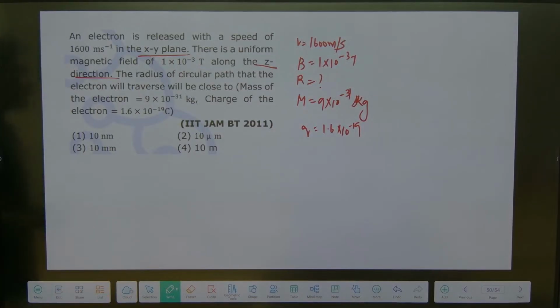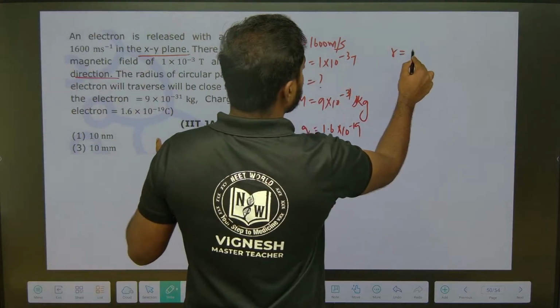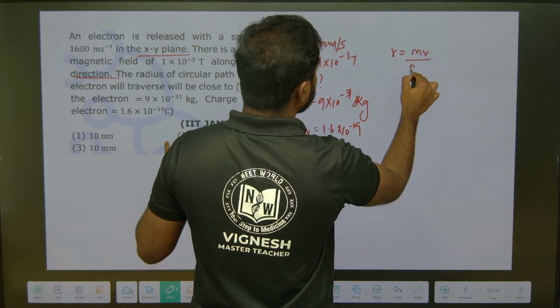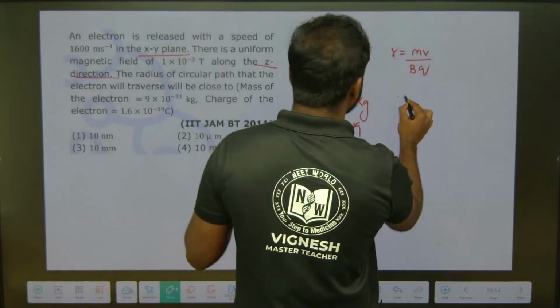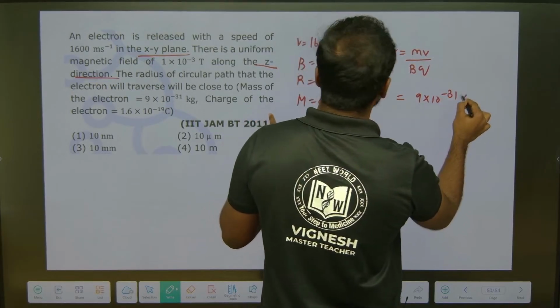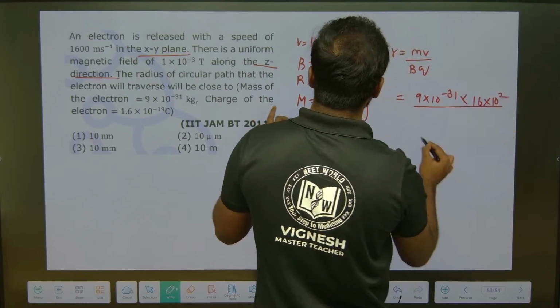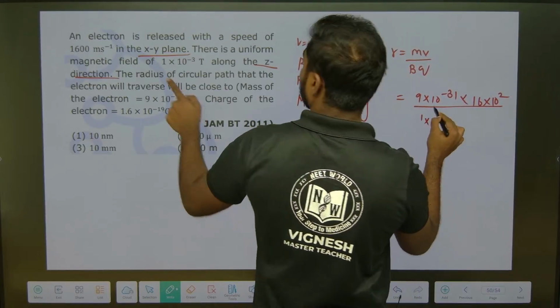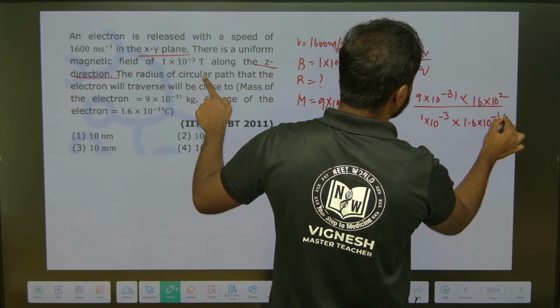So we can take the formula R equals mv by bq. What is m? It is 9 into 10 power minus 31. What is v? It is 1600, like 16 into 10 power 2, divided by B, which is 1 into 10 power minus 3, and q is 1.6 into 10 power minus 19.